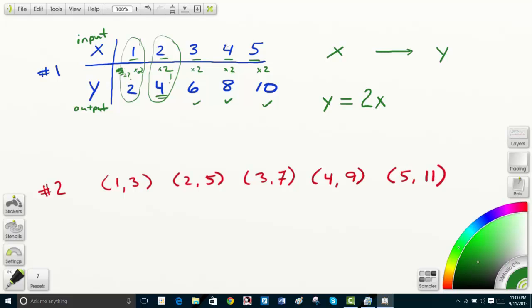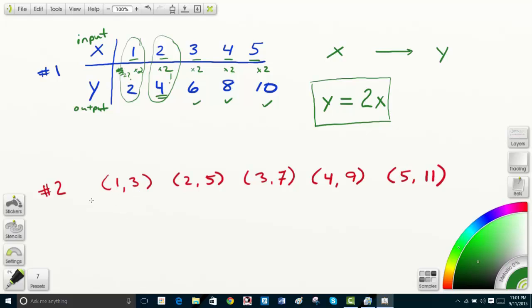So in other words, we take x, something from the input row, multiply it by 2, and we get the output row. 2 times x equals y. And that is where our traditional y and x functions come from. You probably remember that from last year, but we're going to make sure you get a little bit better practice, so that you're not rusty anymore.